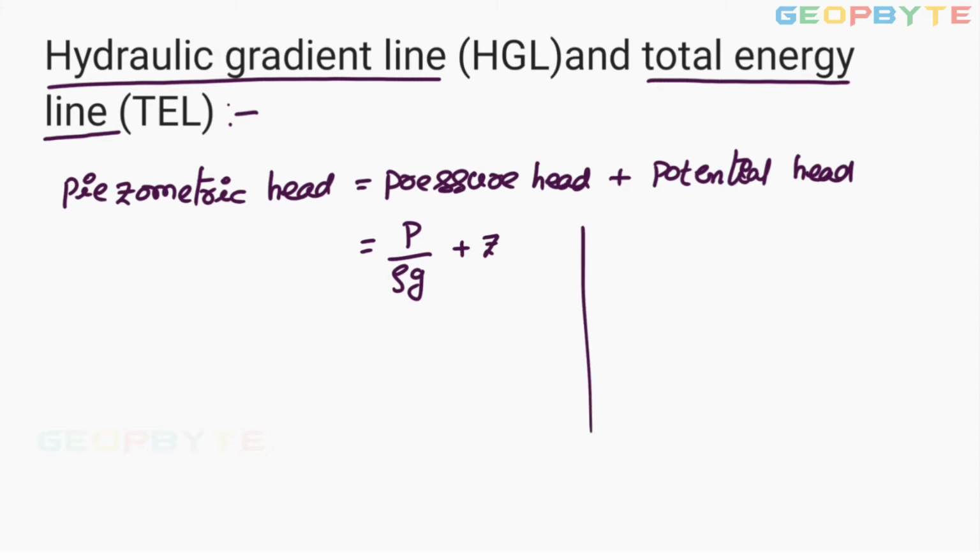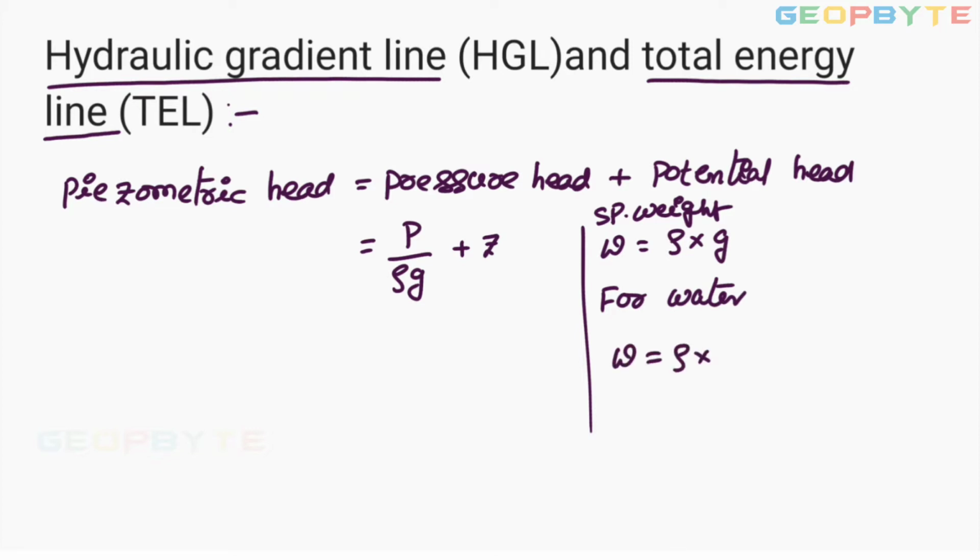You know, the product of density and gravity constant is the specific weight. Specific weight of a liquid equals the product of density and gravity constant. For water, specific weight equals density of water multiplied by g. Density of water is 1000, g is 9.81.